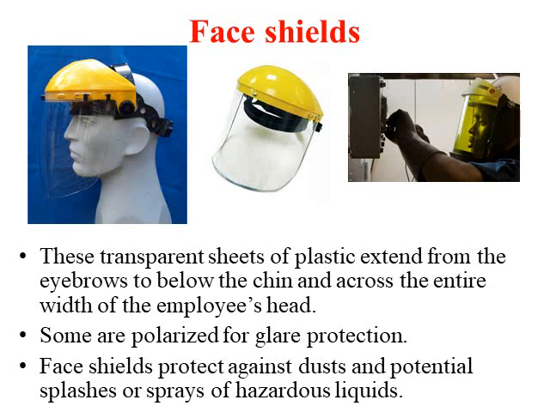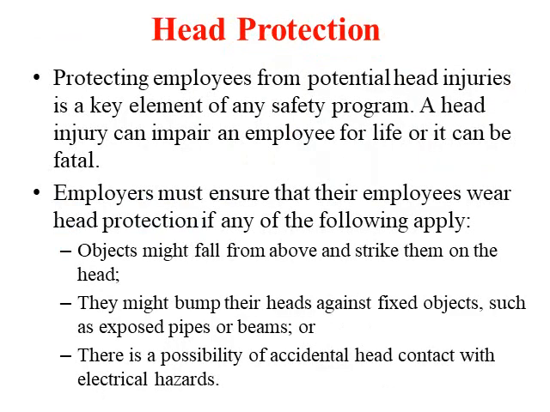That was regarding eye and face protection equipment. Next, head protection. Protecting employees from potential head injuries is a key element of any safety program. A head injury can impair an employee for life, or it can be fatal.